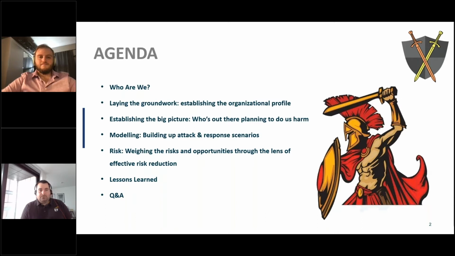We're going to talk briefly about modeling and building up attack and response scenarios, and bringing in some war stories from our collective experience. Then last but not least, talk around risks and opportunities through the lens of risk reduction and lessons learned.